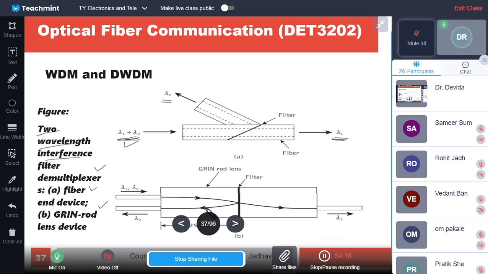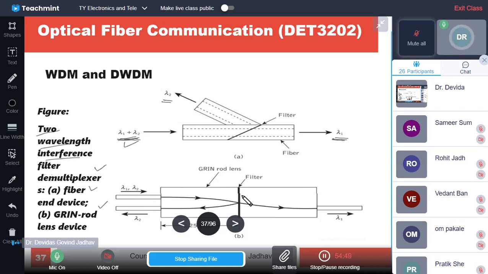Okay, and as the distance from the mirror to the green rod lens is 0.25 pitch each, it can have the sinusoidal path and it can be adjusted exactly for collection of the signal. It is also having a sinusoidal path for lambda 1, and the sinusoidal reflected path for lambda 2. So the distance to the exact location of the fibers to be connected is fixed. That's why the green rod lenses can be used.